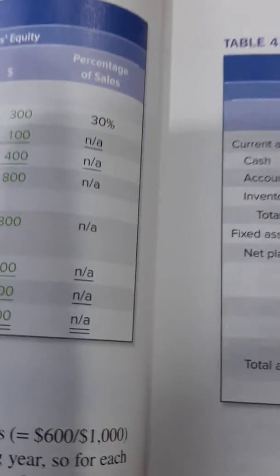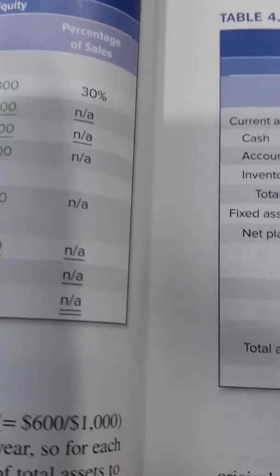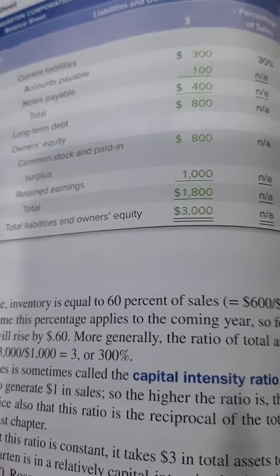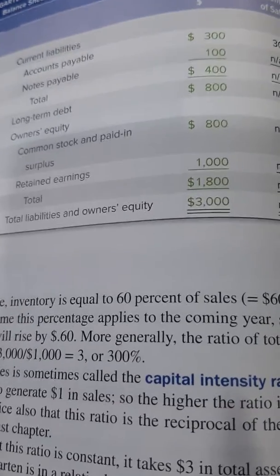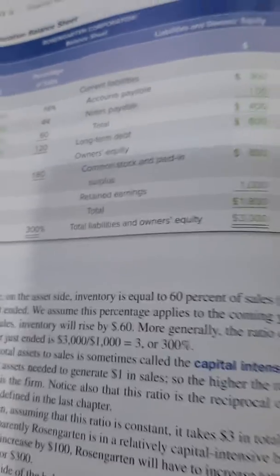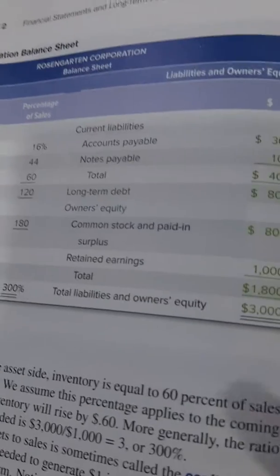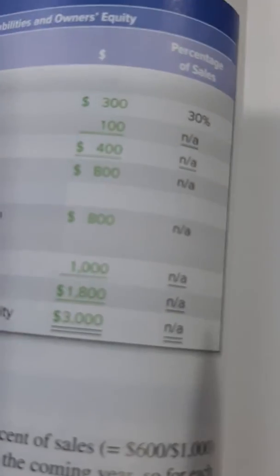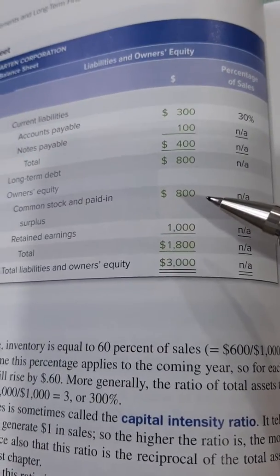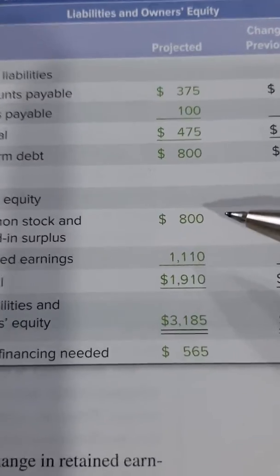I will explain in class what is meant by spontaneous and discretionary. All you need to remember now is notes payable remain unchanged from the original one to the pro forma balance sheet. Okay, other items like common stock will remain constant. Here, original common stock is 800, and pro forma common stock is also 800.